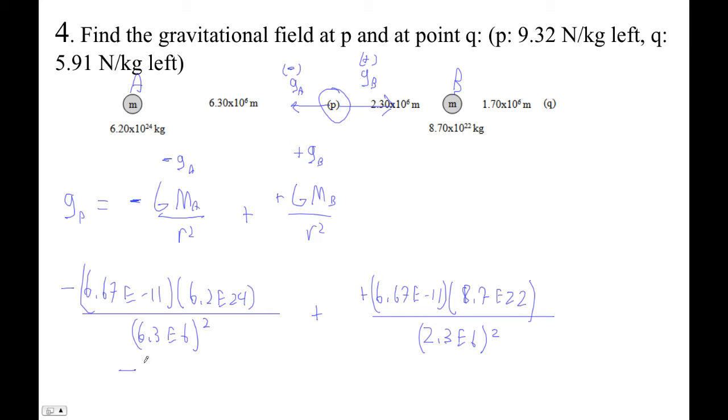This ends up being negative 10.419. That just means it's to the left, and this is newtons per kilogram. Then this guy will be 6.67 E negative 11 times 8.7 E22 divided by 2.3 E6 squared. That's just 1.0969.